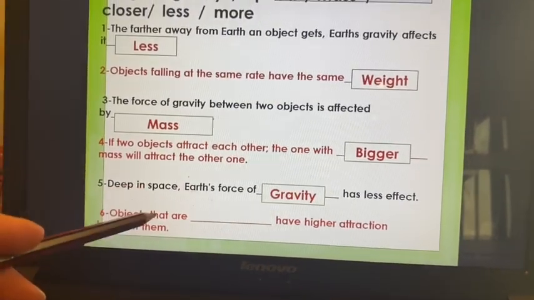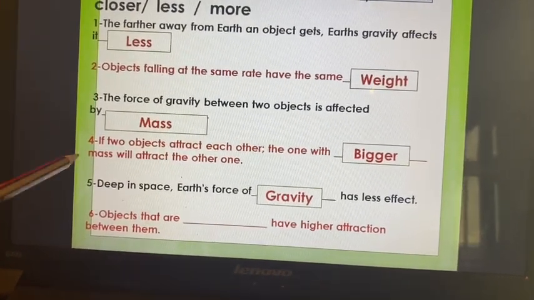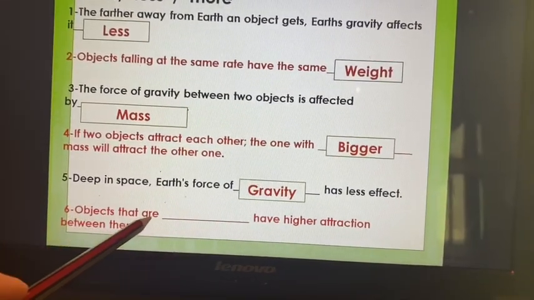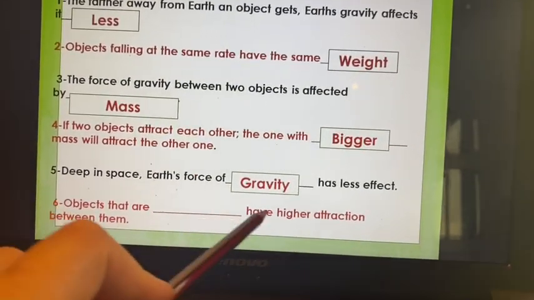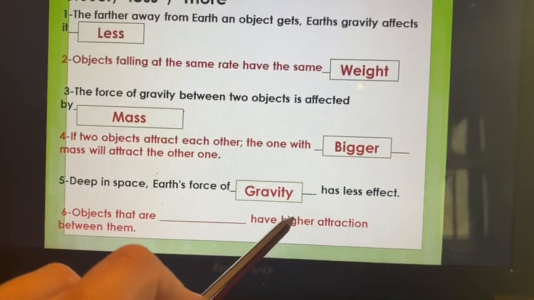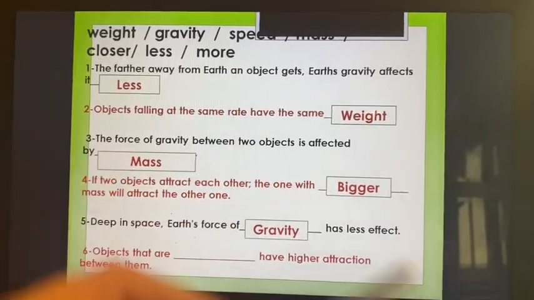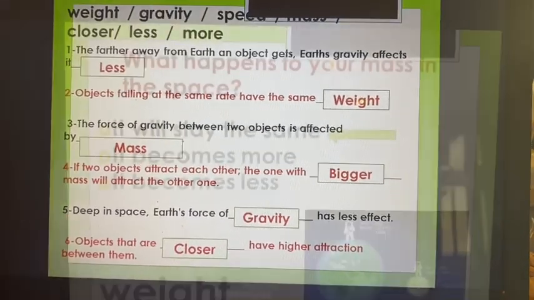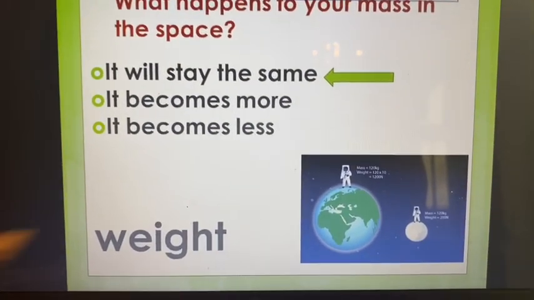That's why astronauts, when they go out in space, they fly. Objects that have higher attraction will attract each other more when they are closer to each other. So you have another question here. What happens to your mass in space?